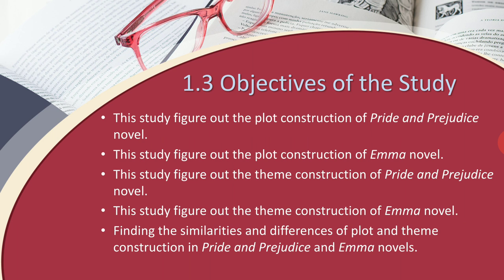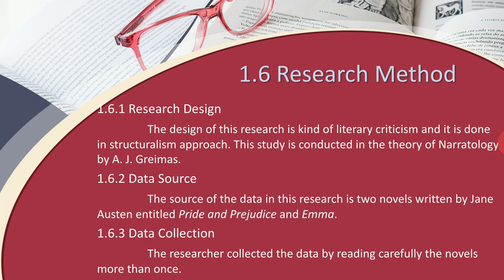The study figures out the theme construction of Pride and Prejudice novel. The study figures out the theme construction of Emma novel. And the last one is finding the similarities and the differences of plot and theme construction in Pride and Prejudice and Emma novels.